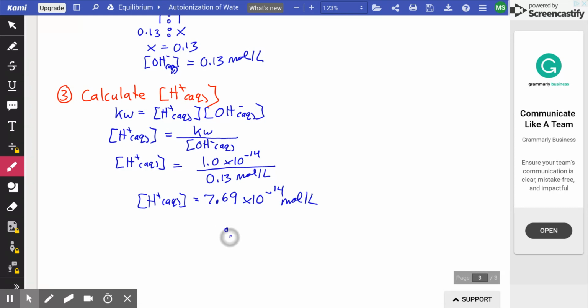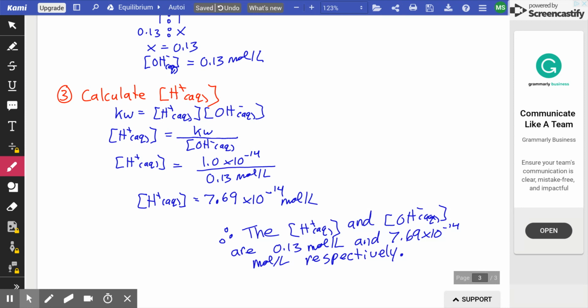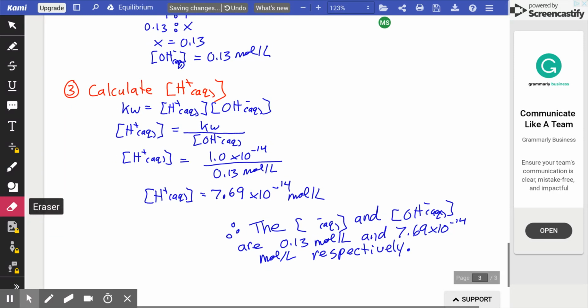And of course, you're going to finish off with a nice therefore statement. So therefore, the hydrogen ion and hydroxide ion concentrations are 0.13 mole per liter and 7.69 times 10 to the negative 14 mole per liter respectively. Oh, that's backwards. Actually, I have to fix it because I have it worded incorrectly.